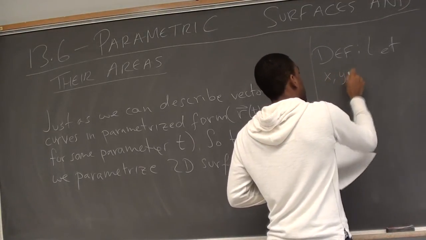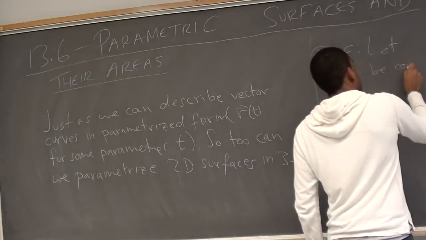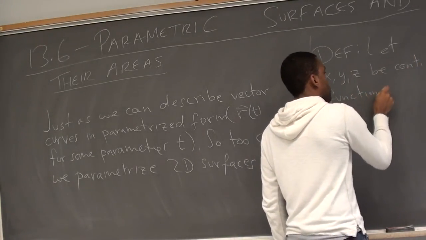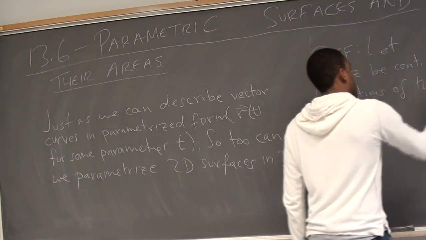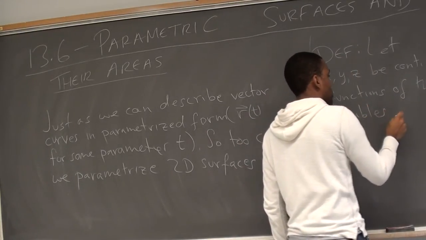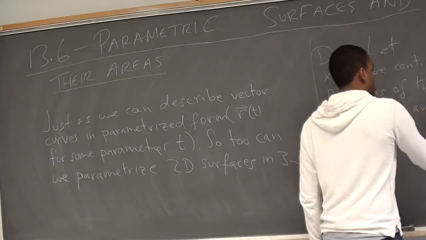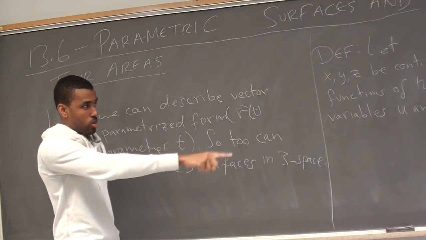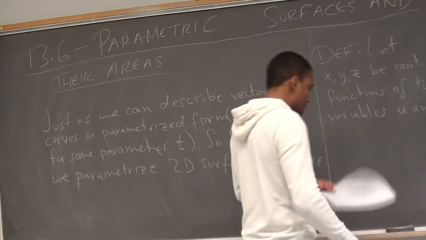Let x, y, z be continuous functions of u and v. The standard variable to use in one-dimensional curves is t. The standard ones to use in two-dimensional surfaces are u and v.